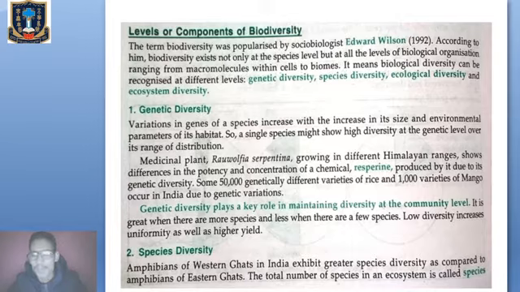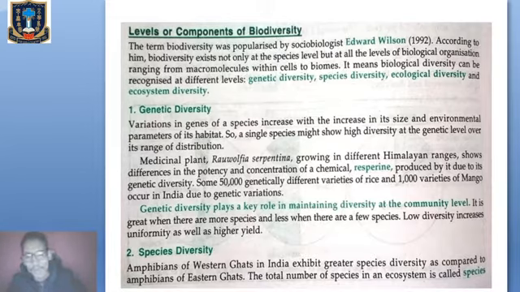This particular plant will show a difference in potency and concentration of the chemical reserpine, which is produced by it, due to its genetic diversity.